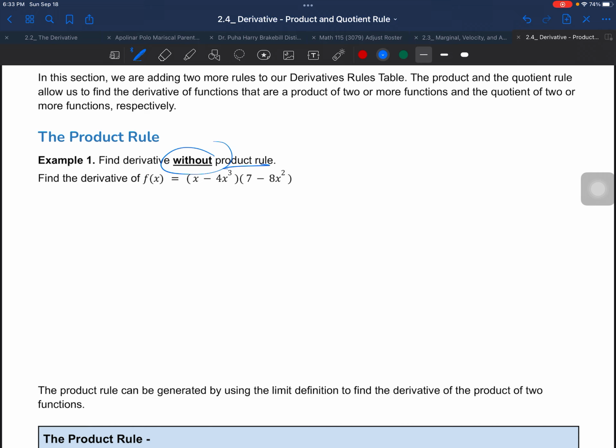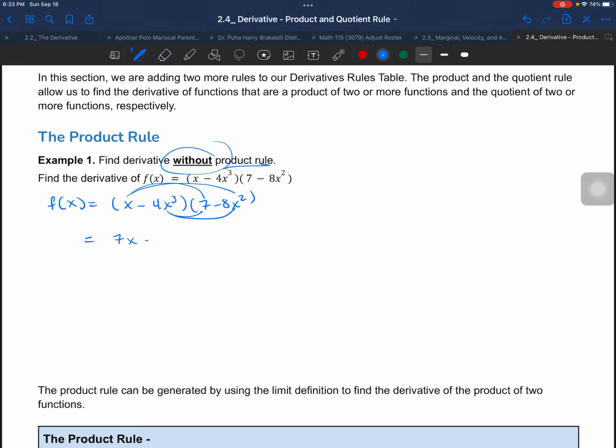So to be able to find the derivative of this, we would have to actually rewrite the problem and expand it. So we would have to do this, right? Expanding, distribution, right? So we haven't done the derivative.